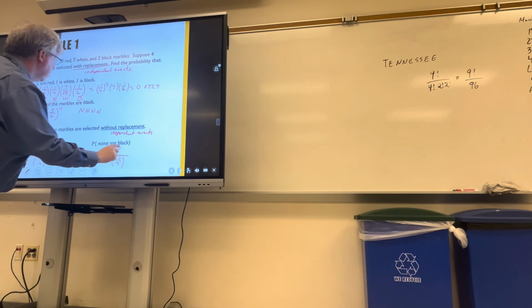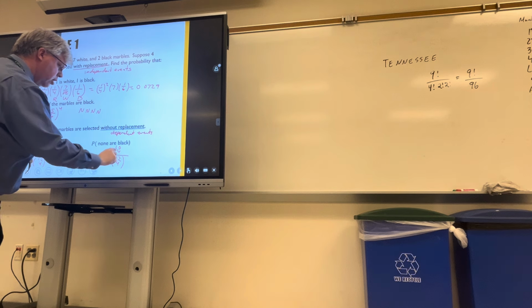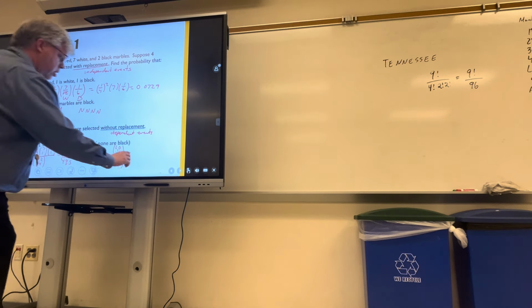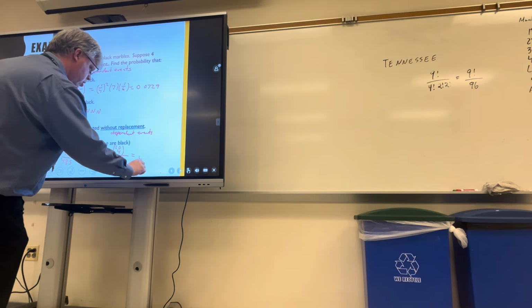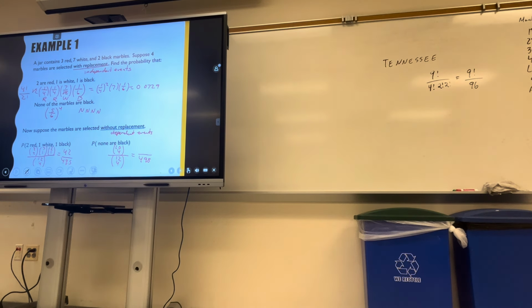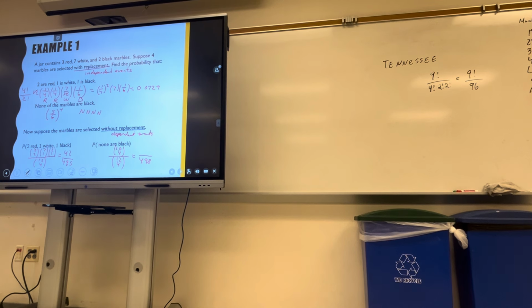It doesn't matter that some of them are red and some of them are white, but you're picking 4 of those 10. So 10 choose 4 over 12 choose 4. What's 10 choose 4? 10, 9, 8, 7 over 24. How much? 210?